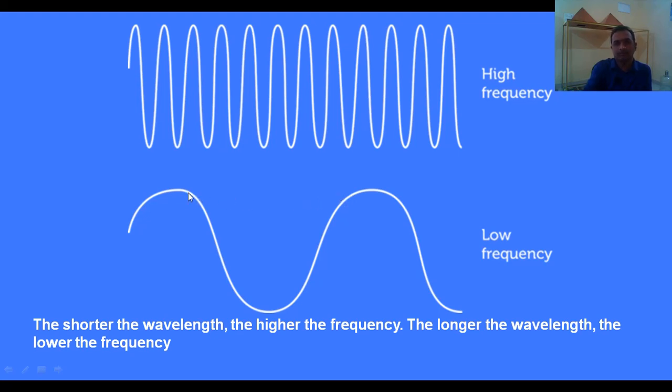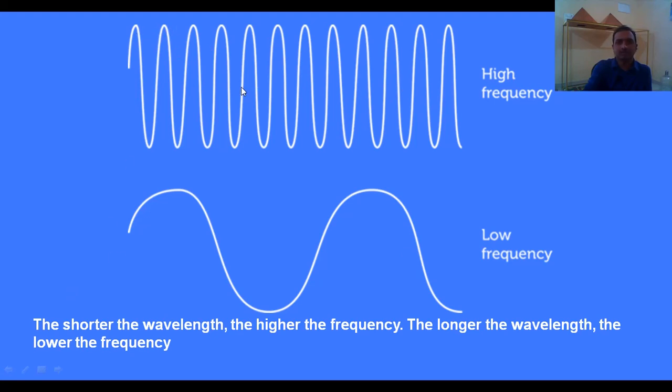The distance is more, the length between two peaks is more. So the length is more, that's why the wavelength is more. It is a low frequency, only two cycles. So fewer cycles means low frequency. Which wave has low frequency, that wavelength is more. Which wave has high frequency, the wavelength is less.